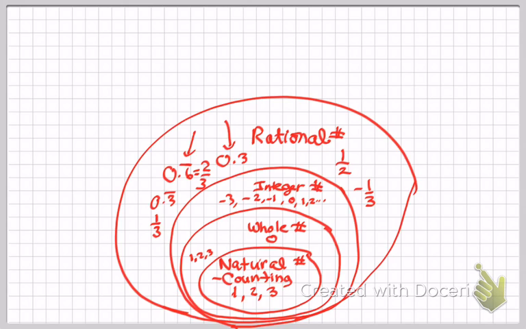Now, there's another group. They're not part of the rationals, and they're off over here. Does anybody know what they are called? Gabrielle? Irrational numbers. Irrational numbers are not part of the rational family.